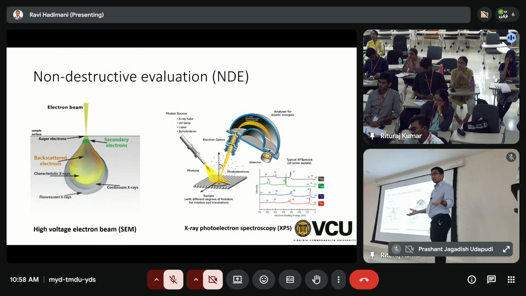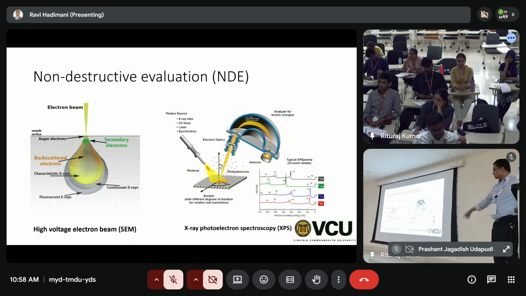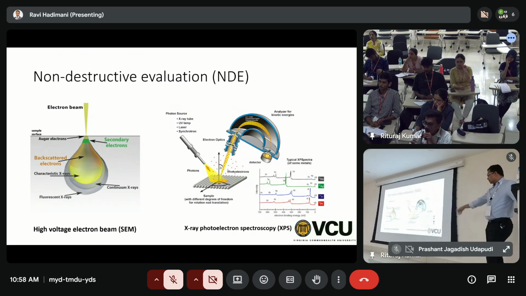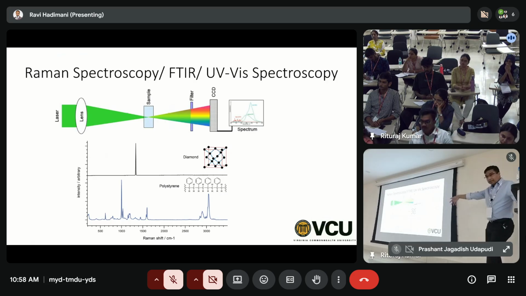One of them is, of course, XRD. You can use XRD to know the crystal structure. And yeah, there are all these. XPS is X-ray photoelectron spectroscopy. Then you have Raman spectroscopy. You have FTIR, that is Fourier transform infrared spectroscopy.